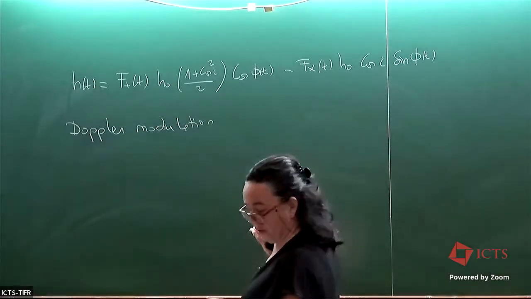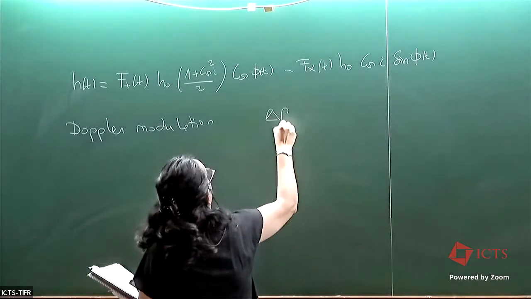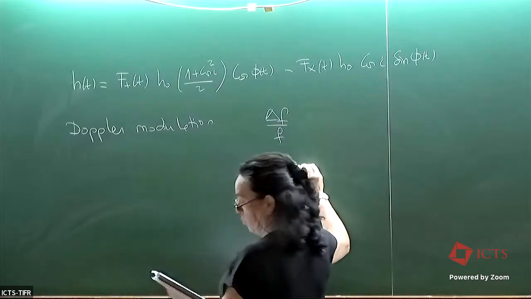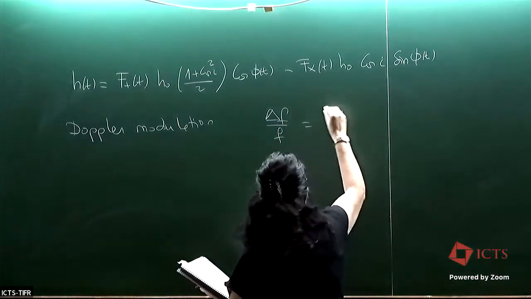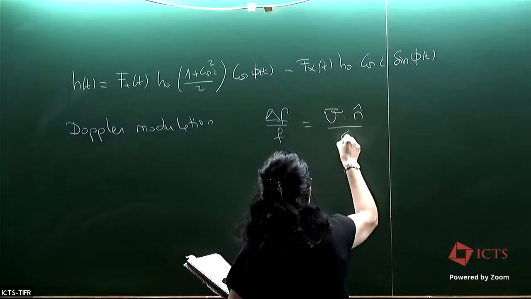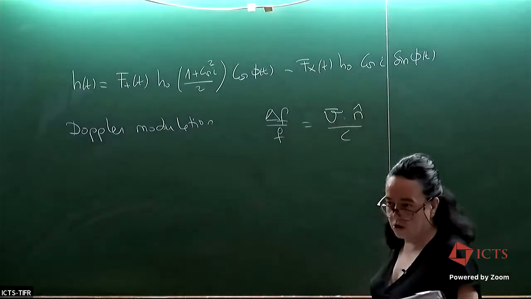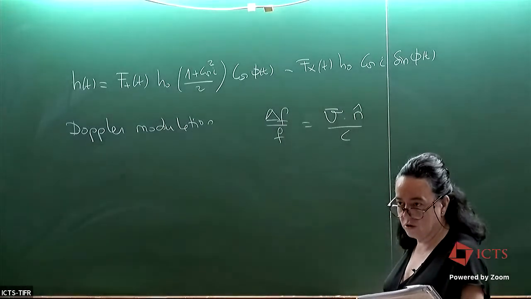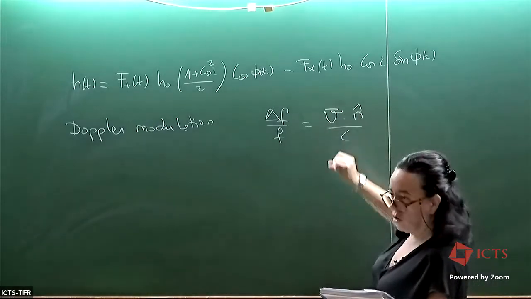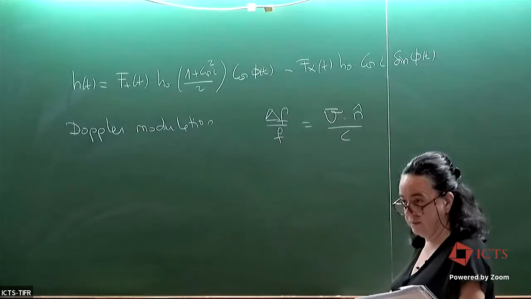And this Doppler modulation is going to produce a variation in frequency that depends on the relative velocity of the detector and the source and on the different location of the source in the sky.